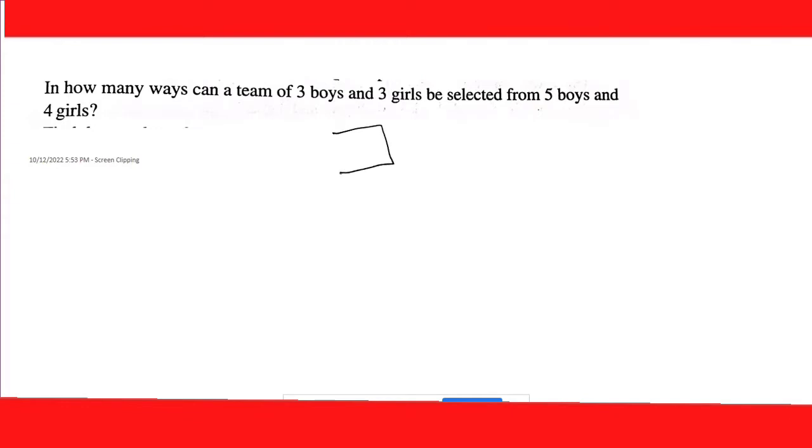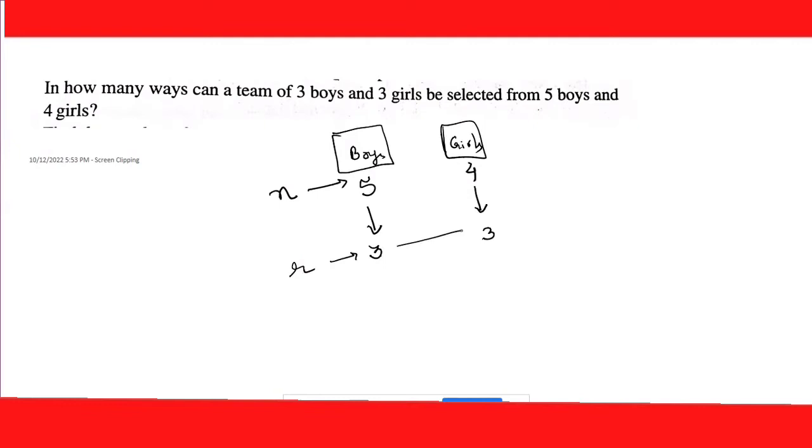That means in a class we have 5 boys and 4 girls. From the 5 boys, we have to choose 3 boys, and from the 4 girls, we have to choose 3 girls. These are the total numbers of boys and girls, and these are the selections we have to make in each section.